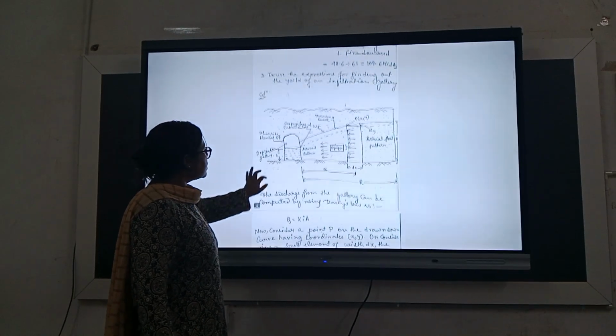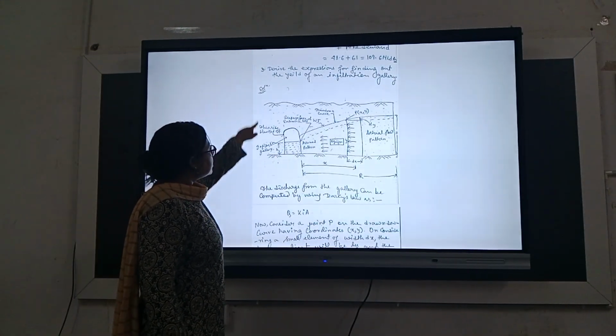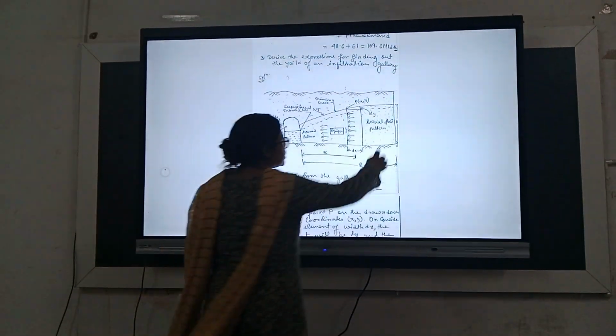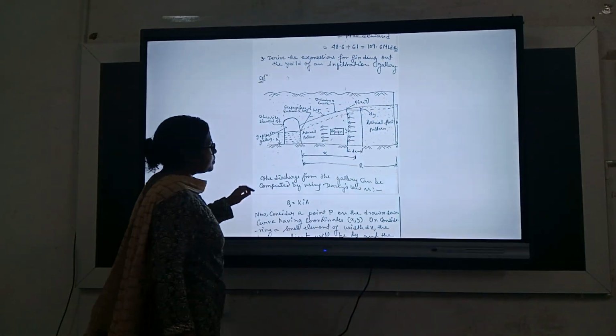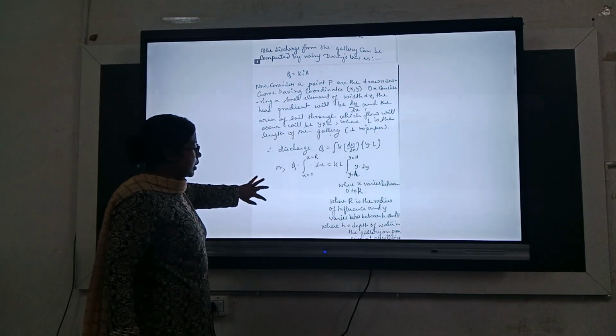This is small h, and this is capital H, the height of the water table.